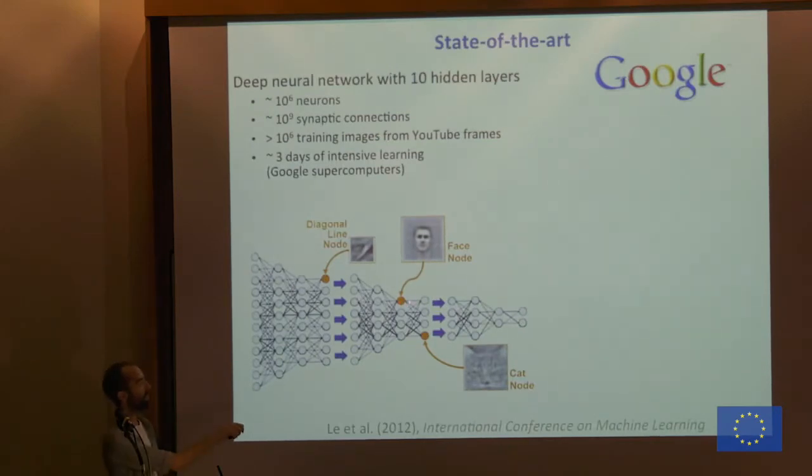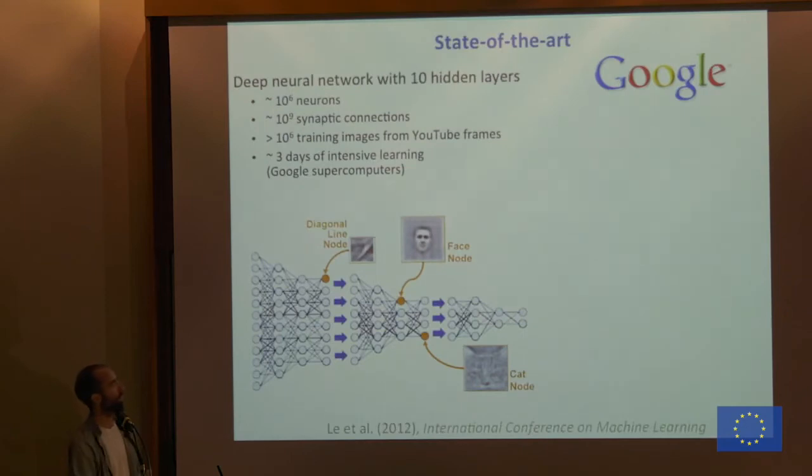And some neurons are becoming sensitive to very complex concepts, even if learning was unsupervised. What does it mean? It means that in most YouTube videos, we have either faces or cats, which is partially true. And the network is able to discover these latent features of the data. It says, okay, if I have to describe the statistical distribution of the pixels of images of YouTube videos, I should grasp the concept of face, I should grasp the concept of cat.